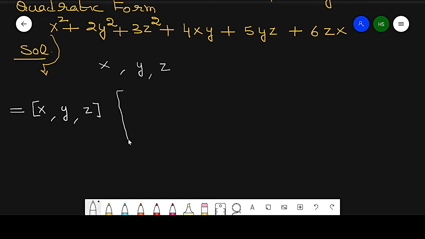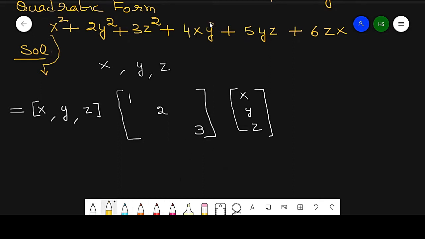Now again we get the matrix of 3 by 3, and again where it has x, y and z. Now these are the coefficients of the diagonal entries x, y, z. So 1, 2 and 3. Remember, the coefficients of the square variables are the diagonal entries 1, 2 and 3. So first write this.